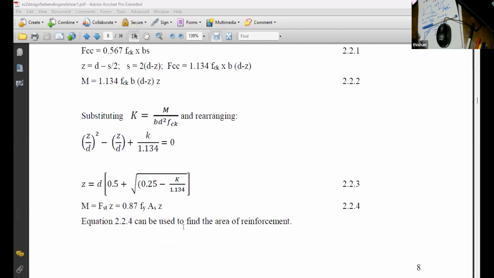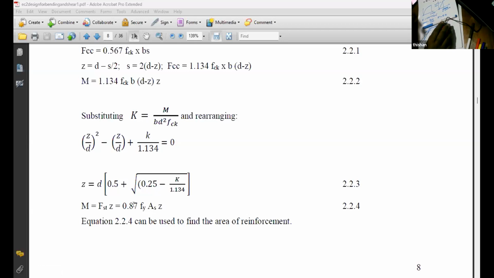So whatever Z you use should be in between those values. But if Z is more than 0.95 d, still we consider it as equal to 0.95 d. And then we can substitute in the equation, moment is equal to force in steel multiplied by Z, and our requirement is to find the steel. So what is the steel requirement?